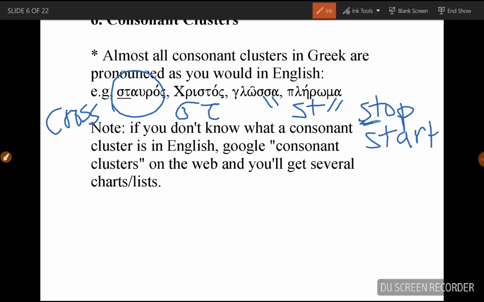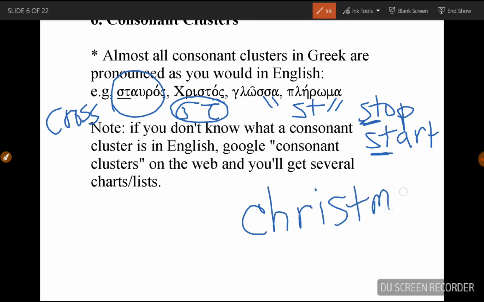So this is an English consonant cluster, S and T. That's very similar to the sigma tau consonant cluster. And so that's what I mean. If it exists in English, likely there is a Greek equivalent for the consonant clusters. So, for example, Christmas. This is a consonant cluster, CHR.